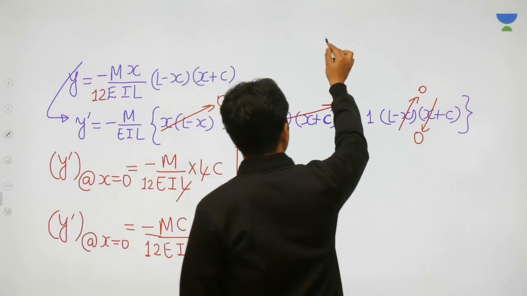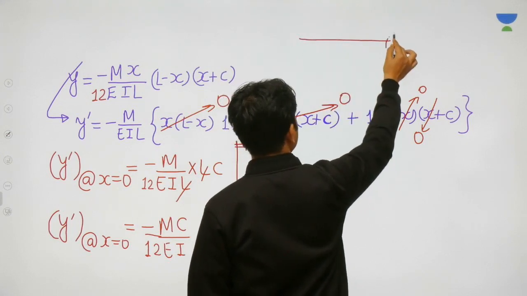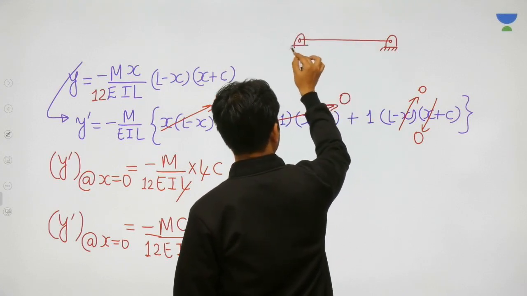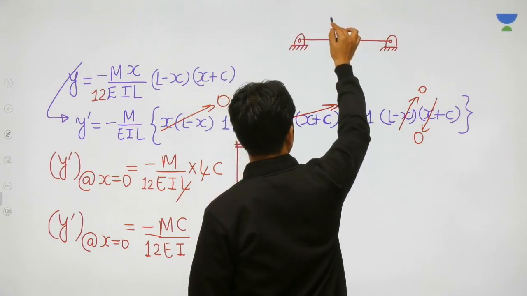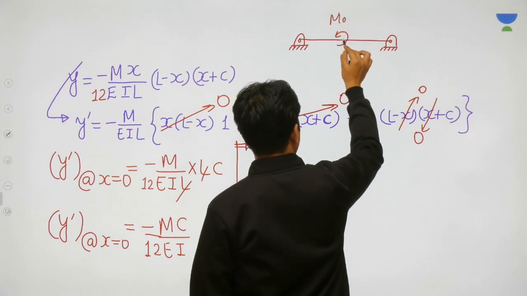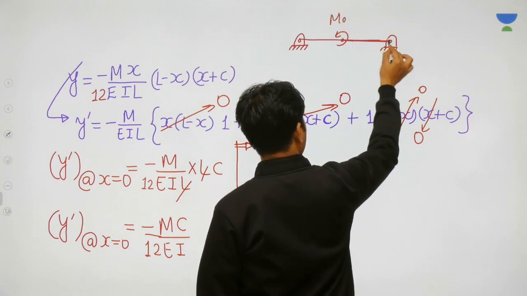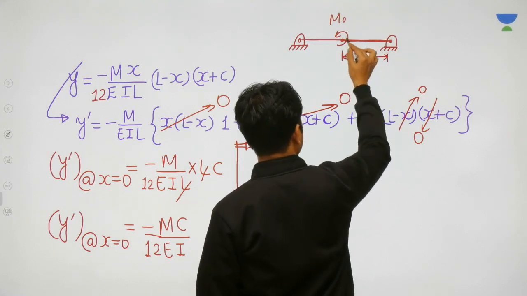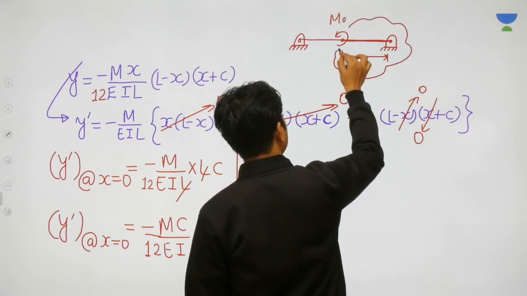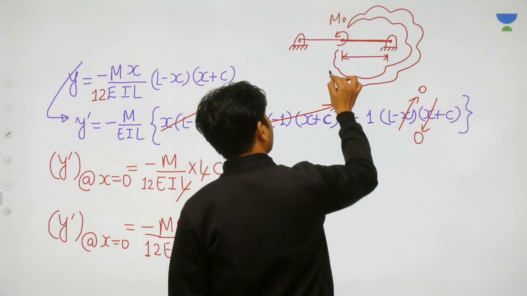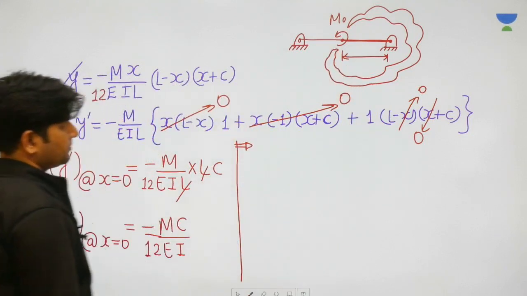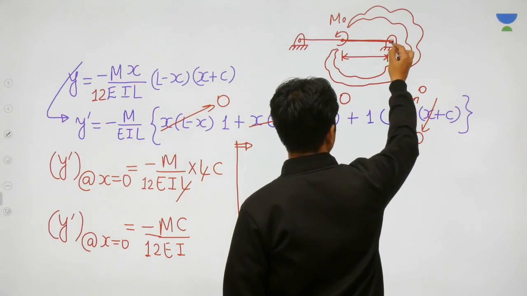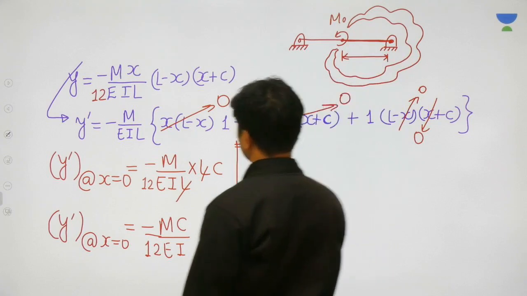My dear friends, the best possible condition that you can use here to find out the value of C, listen, focus here and try understanding. You're applying M naught here, and keep this in mind that only for this part equation is given. So whatever boundary condition you have to use, you can use only in this much beam. Now in this much beam, what is the boundary condition? One possible boundary condition is at x is equal to L, y is equal to 0.